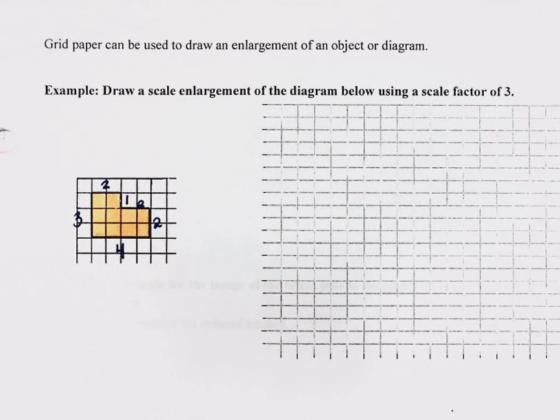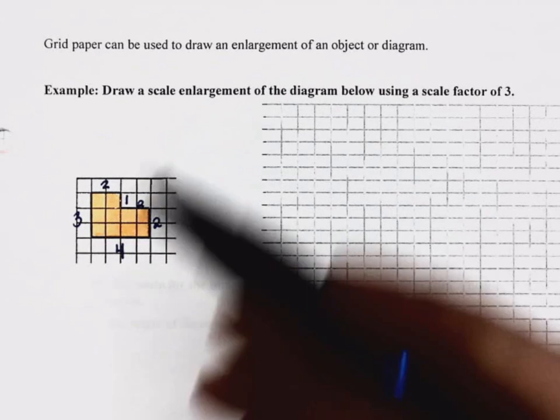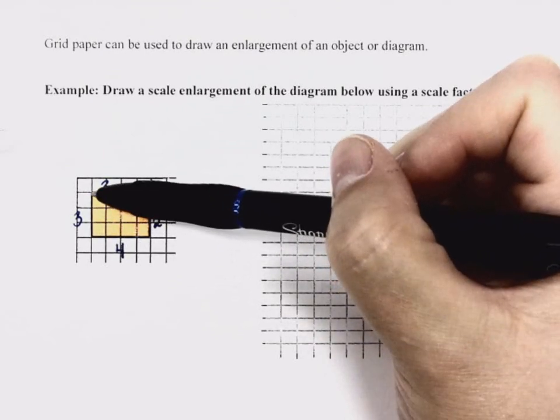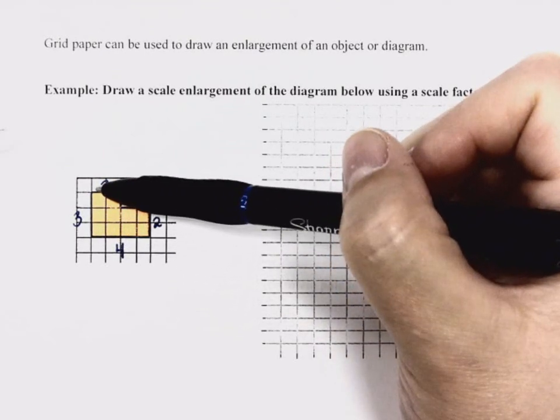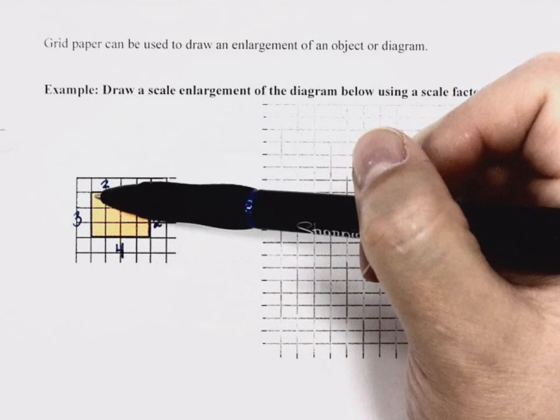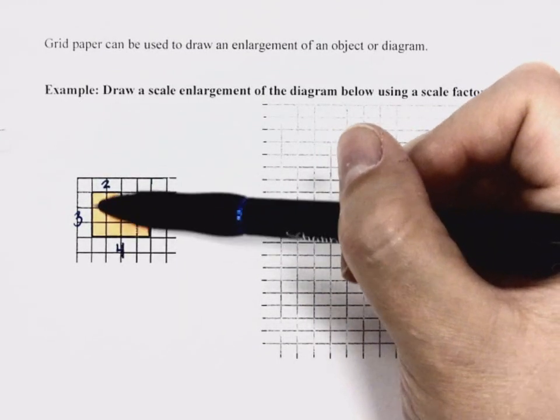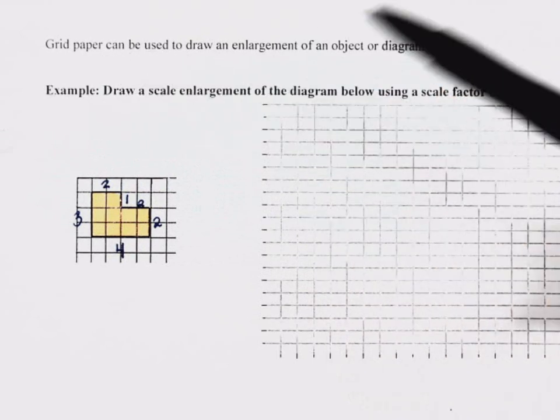We're going to take each dimension and times it by 3 to get the new, bigger picture. So what's 3 times 3? Anybody? Hopefully, 9. Yes? So we know that the new height isn't 3 anymore. It's going to be 3 times that, so it's going to be 9.